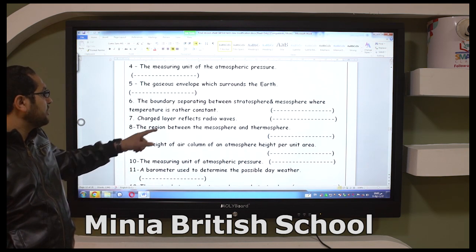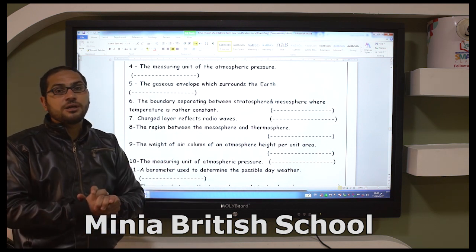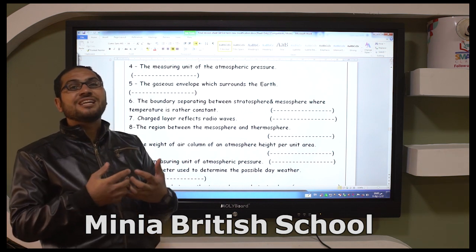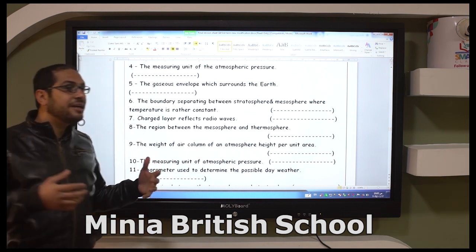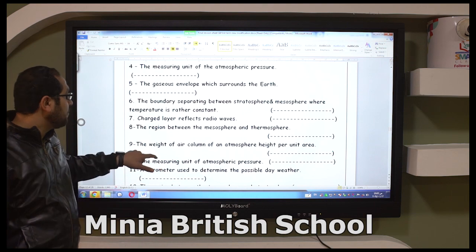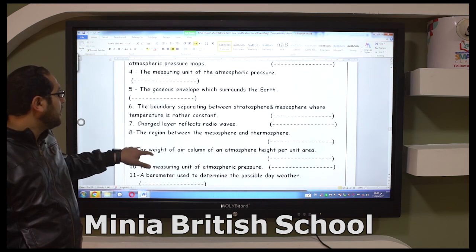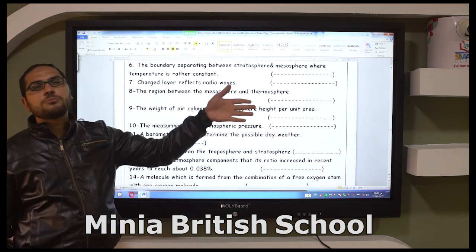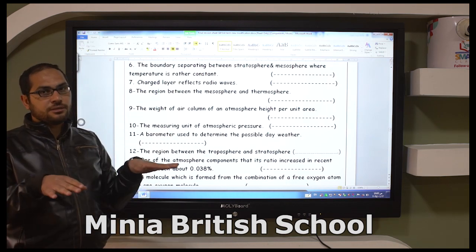What is the charged layer that reflects the radio waves? This is the ionosphere. Why? Because the ionosphere contains charged ions, so they reflect the radio waves. Between each two successive layers we have separation layers.